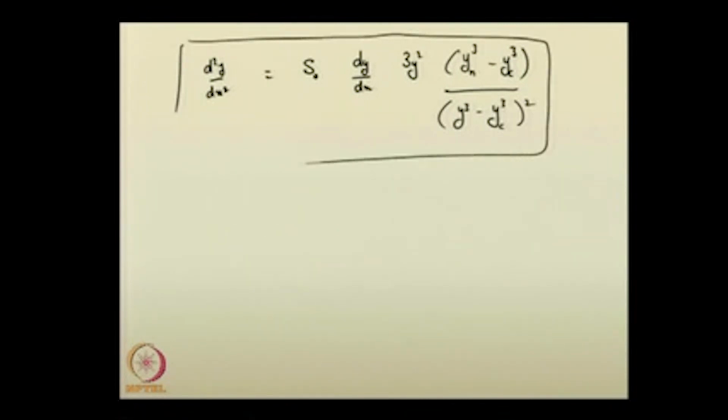So, a relationship for d squared y by dx squared has been derived in that particular book. I am just showing it here. Why we are showing it here is that from this one can easily picture various features of the water surface curve.